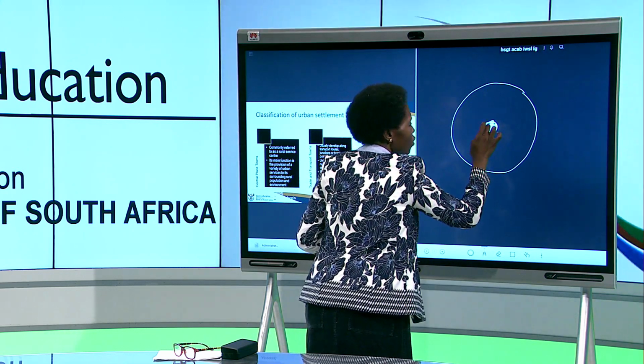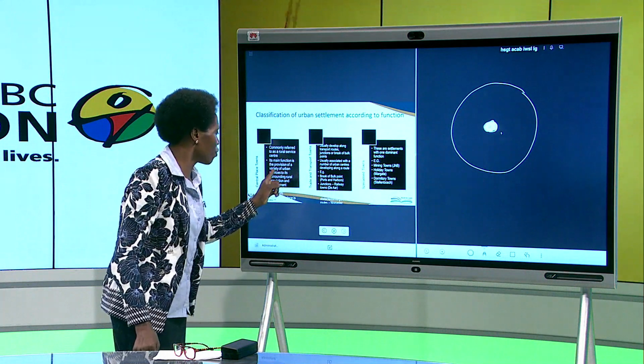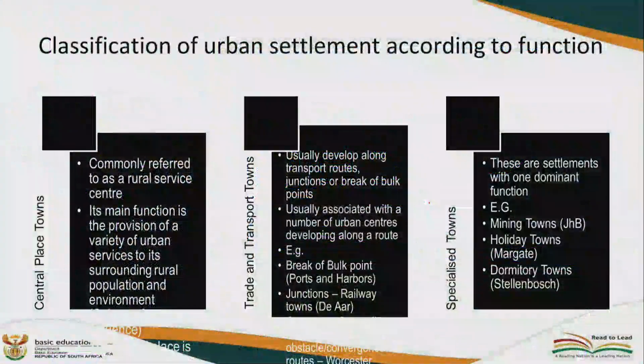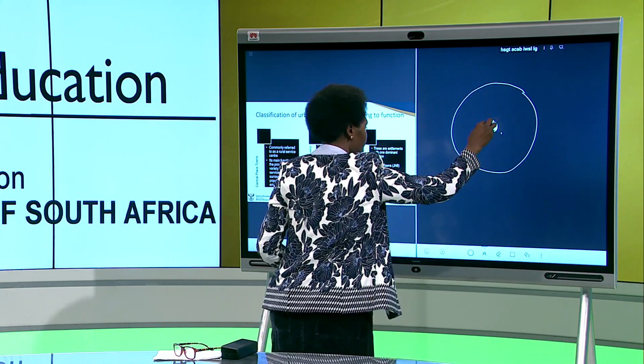People in urban and rural areas will come and buy in this place. That is why I said its main function is provision of a variety of services to surrounding rural settlement, which means people surrounding this area will come and get services in this center.